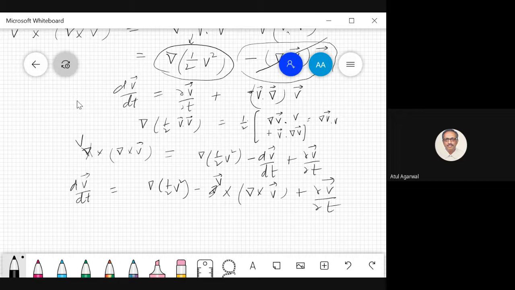Any problem with this? So this is known as the curl of velocity field.